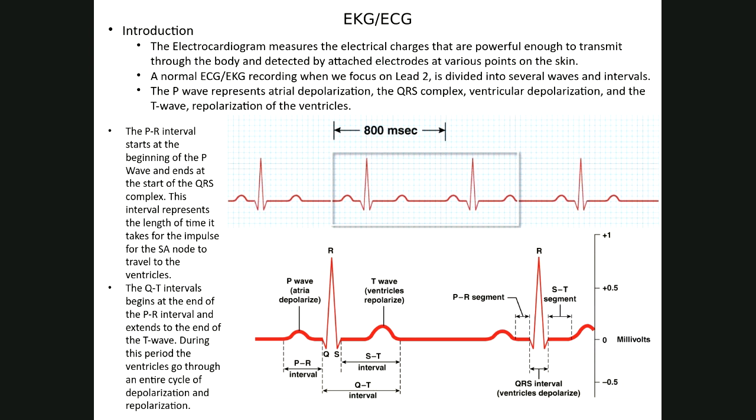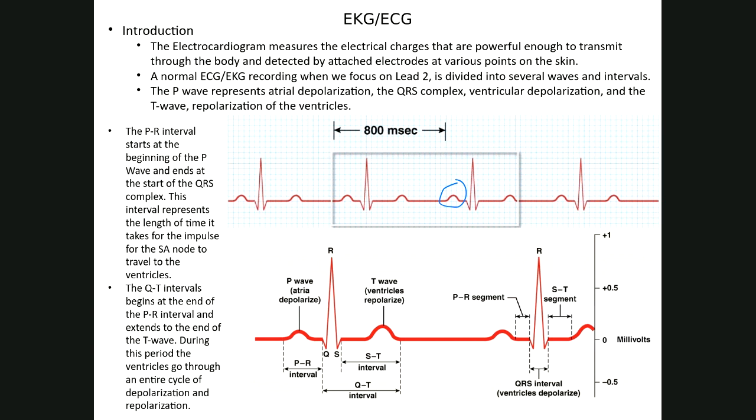But what I'll be testing you on is identifying the different waveforms and their significance. For instance, I'll have an EKG strip on the exam, and say I've highlighted one of these right here. Well, that happens to be a P wave.